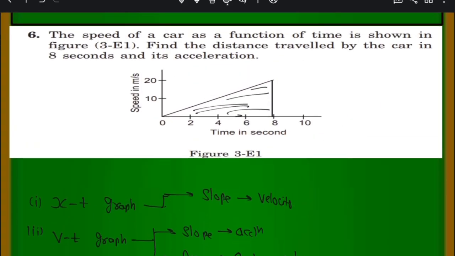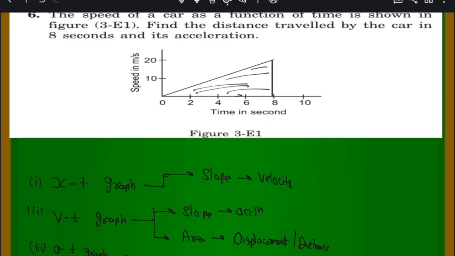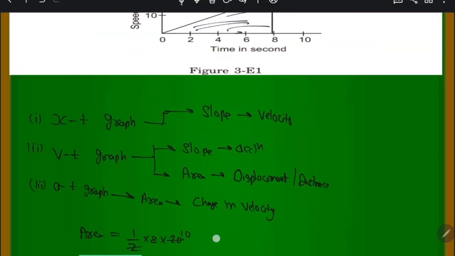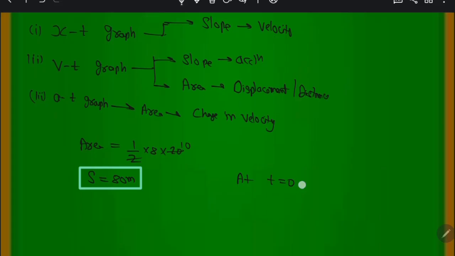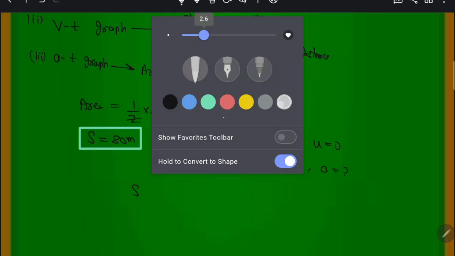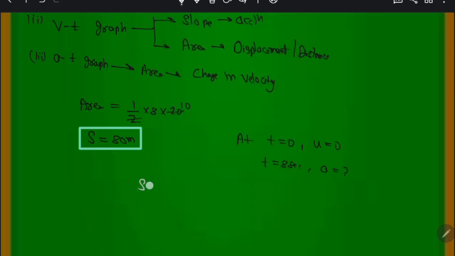As you know, at t equal to 0, the speed is 0. Now we can find the acceleration at time t equal to 8 seconds. So we know s is equal to ut plus half at square.